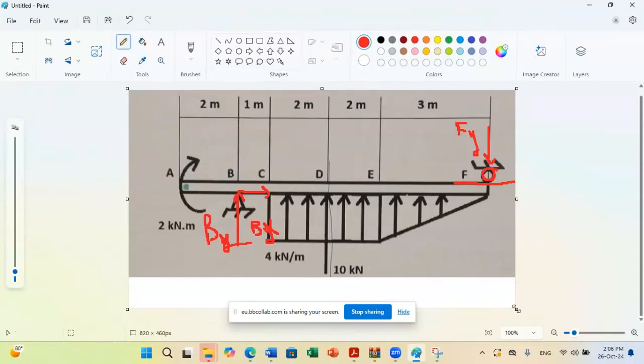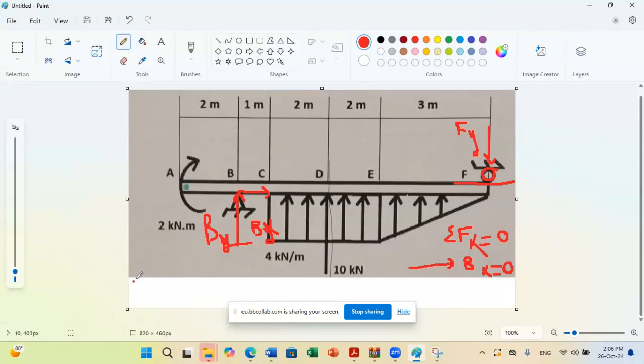So now what we will do is calculate these forces. To find these forces, we have to write three equations. First, along x, we don't have any force. So the first equation will be sum of Fx equals 0. And then we deduce that Bx is 0 because we only have the Bx force along the x direction.